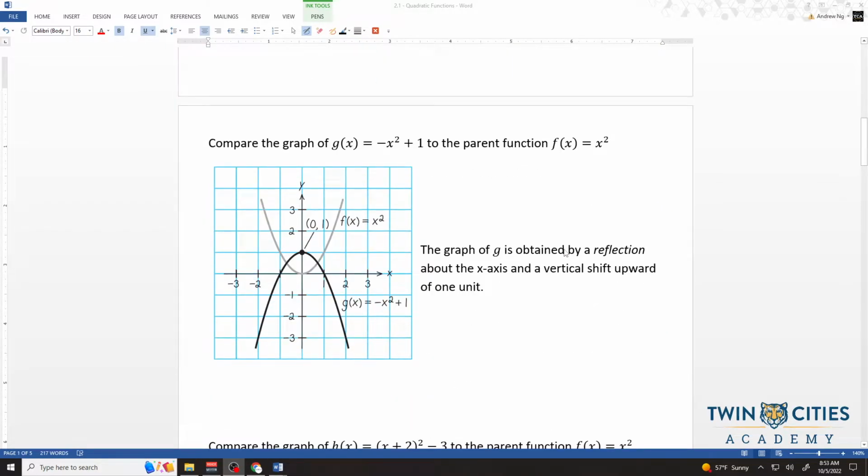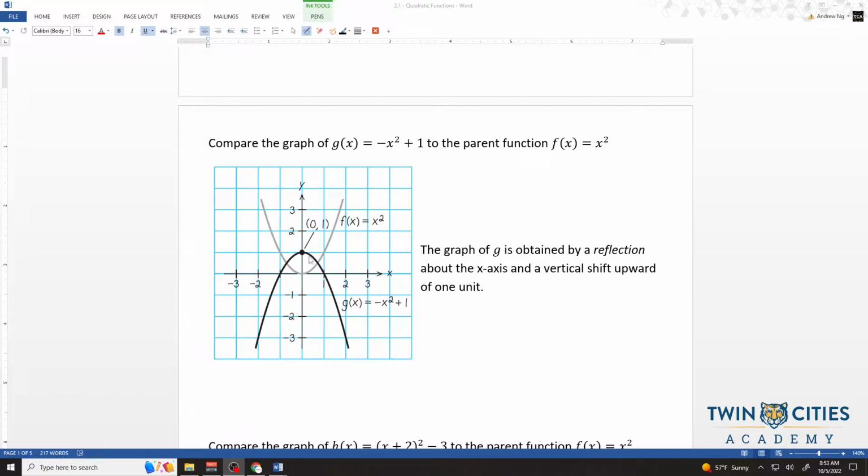And speaking of graphs, let's just take a look at a few of them. So what I've done here, this grayed out portion, this is the parent function, just f of x equals x squared. Let's take a look at how this compares to a couple of ones that have had some transformations done.